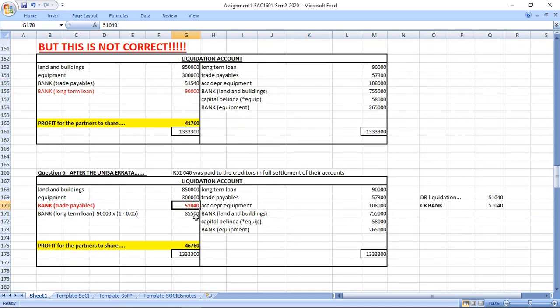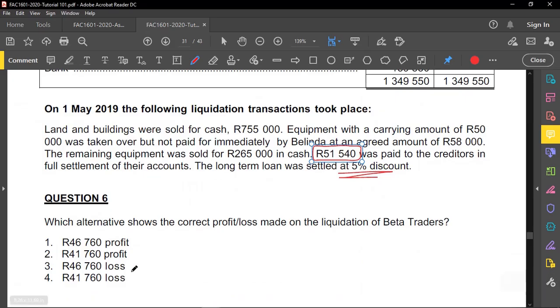And this one was 51,040. Okay, it does change it, so it's not the same. So it's option 4-6 instead of option 4-1. Let's go back. I think that's option 1. 4-6-7. It's 1, not 2. So that's the right one, according to the errata, yes.